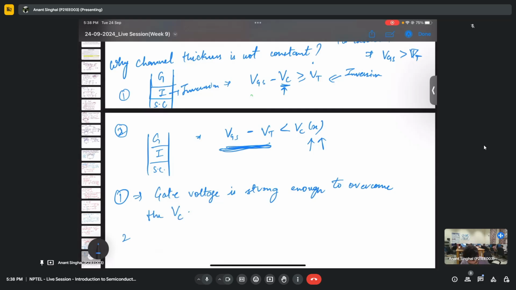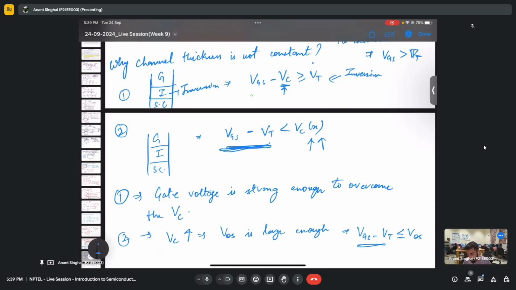But for second, we have a case when the channel potential is large enough, that is VDS is large enough such that VDS is greater than VGS minus VT, which is not helping in forming the channel out.